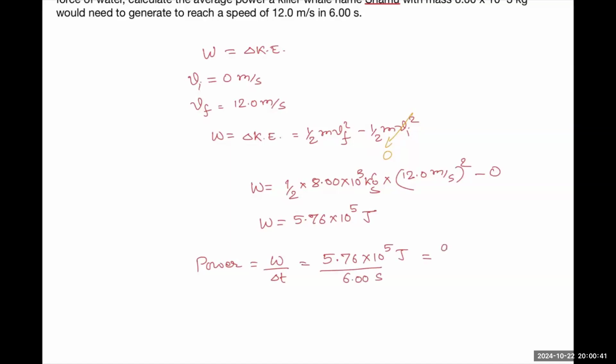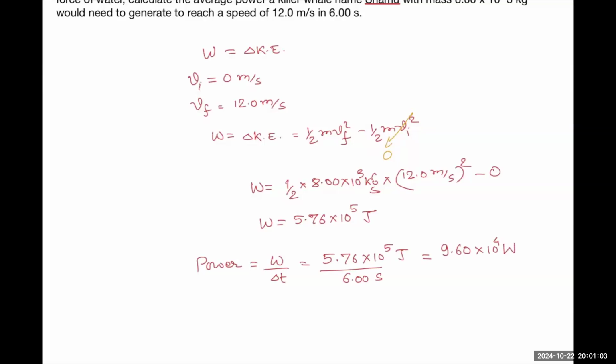If you calculate, this is 9.60 times 10 to the 4 watt. This W is different than the other W, this is watt unit. Make sense? It's that simple, this problem.